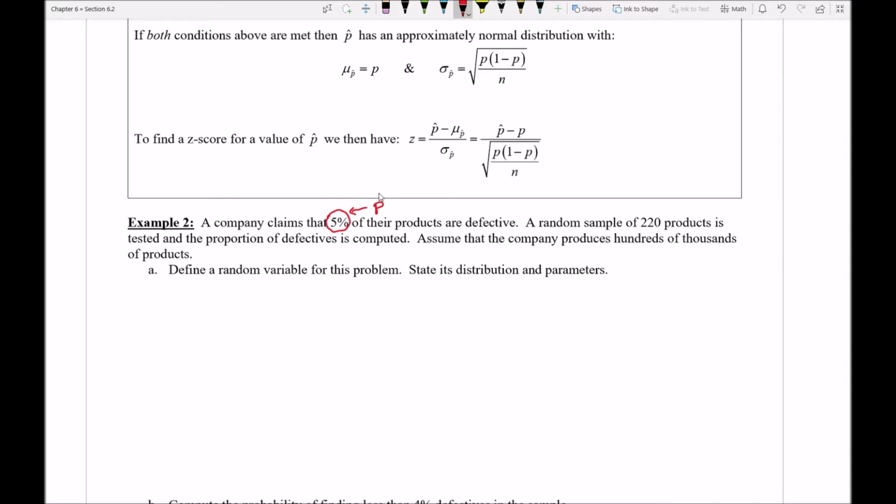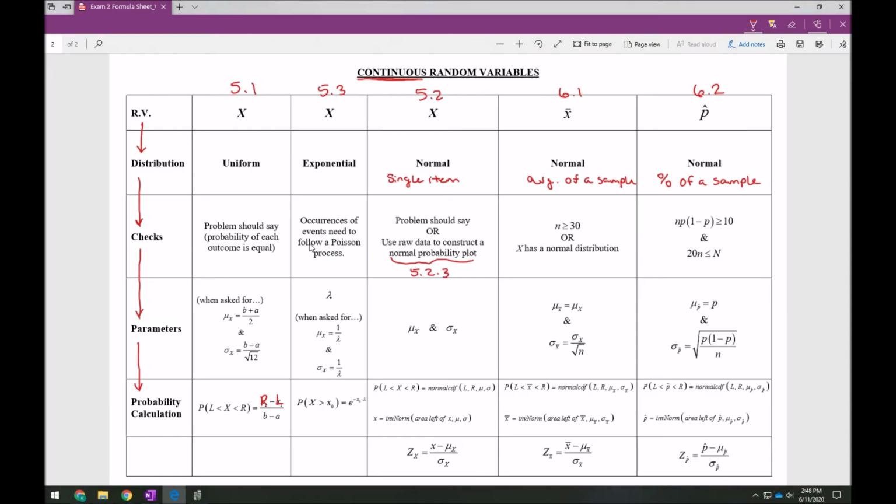So what we want to do is start right at the top of the formula sheet. We want to define a random variable, state its distribution, and ultimately its parameters. So let's see. We can see here that if we want to grab a sample of products and we want to calculate the percentage that are defective, that is exactly what the variable p hat stands for. It's a percentage of a sample.